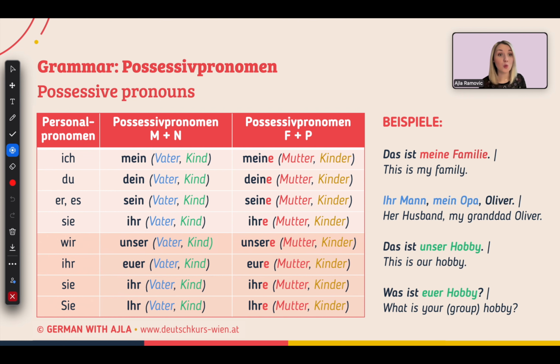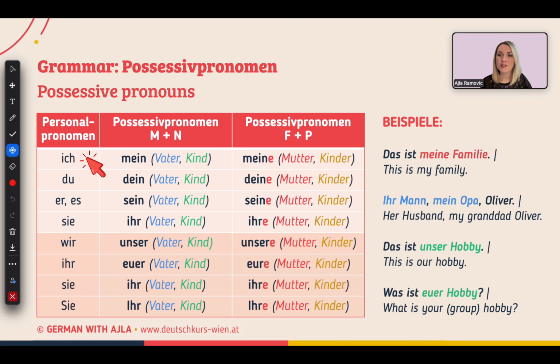In English, we have the personal pronoun I. The possessive pronoun for I would be my. Then for the personal pronoun you, the possessive pronoun would be your, and so on. And it works in a similar way in German. So let's take a look together.